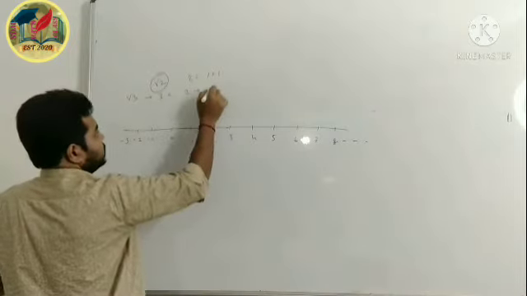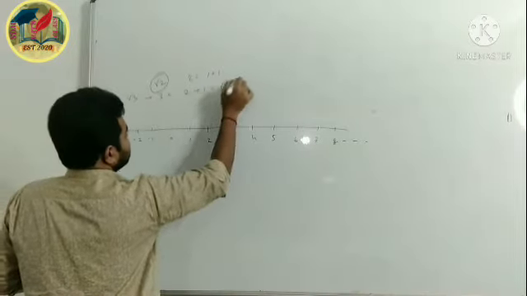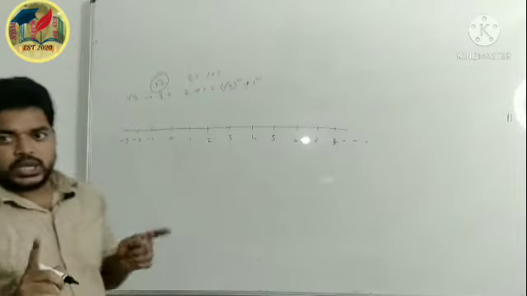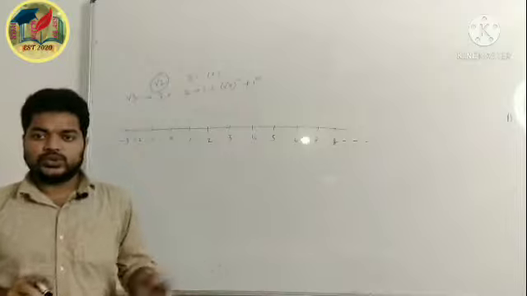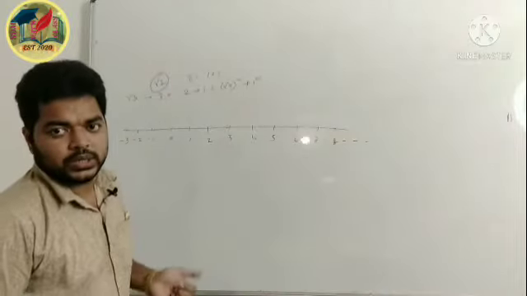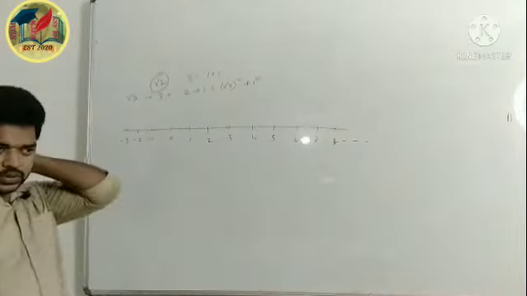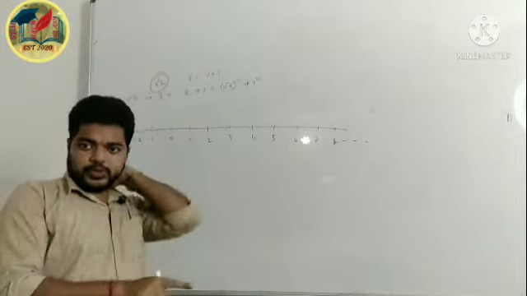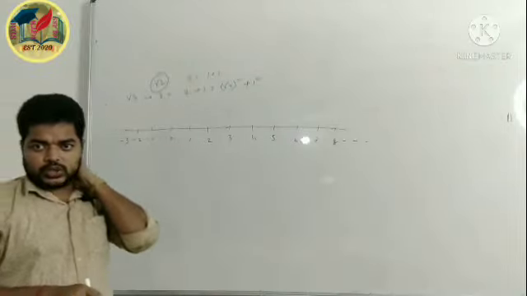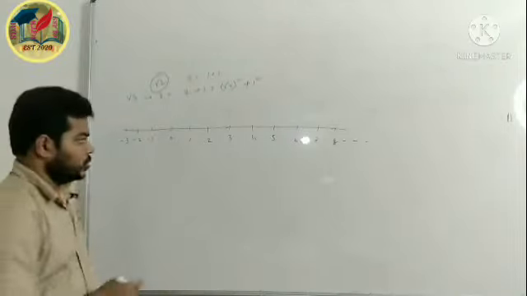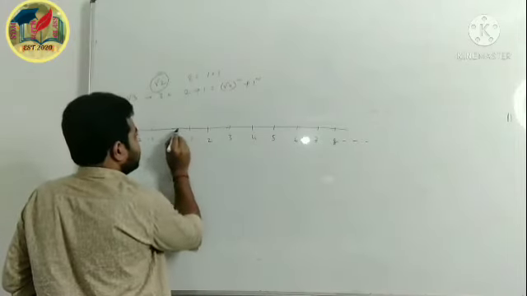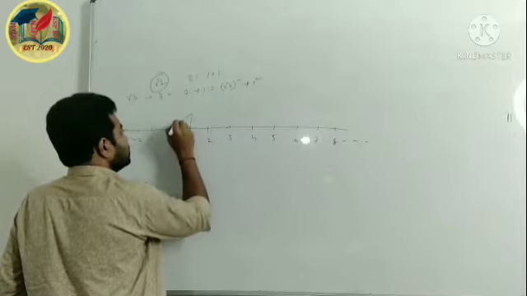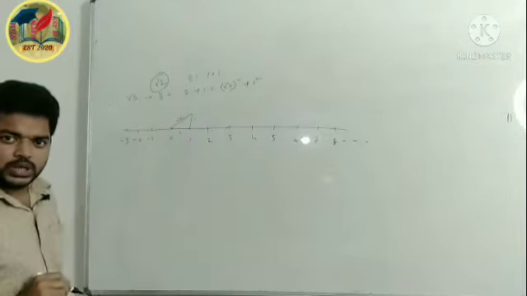Now, 2 can be expressed as root 2 square, plus 1 square. So we consider a right angle triangle whose base is root 2 and perpendicular is 1. Before drawing root 3, we must draw root 2. How can I draw root 2? This is 1, this is 1 and this is root 2, clear?